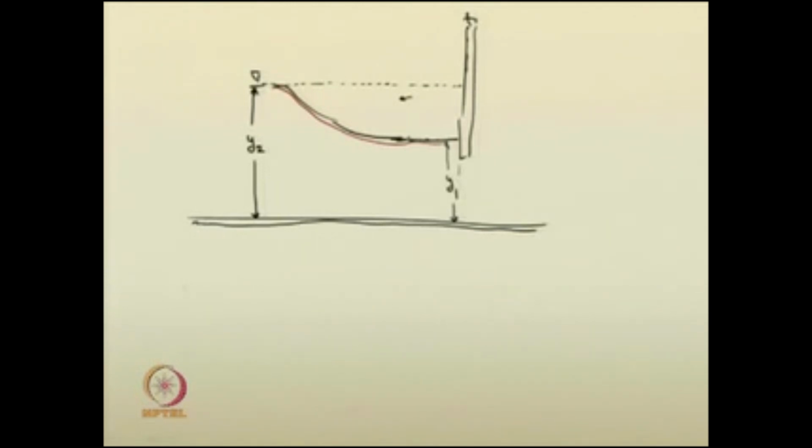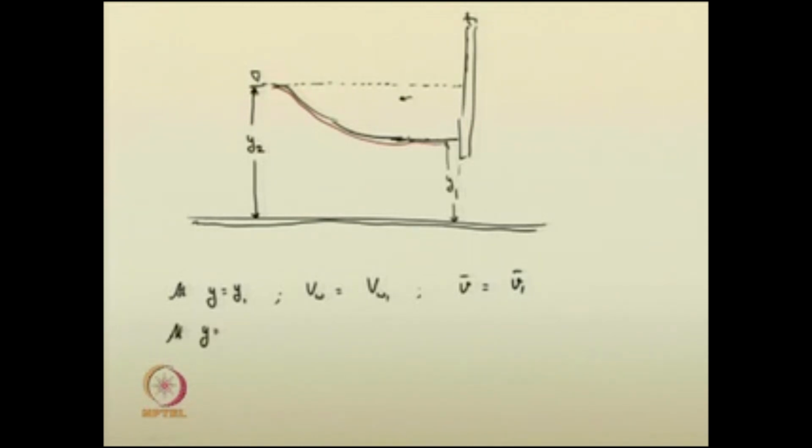You have already integrated them, but still, at y is equal to y 1, you have V w is equal to V w 1, and V is equal to V 1 bar at this location.